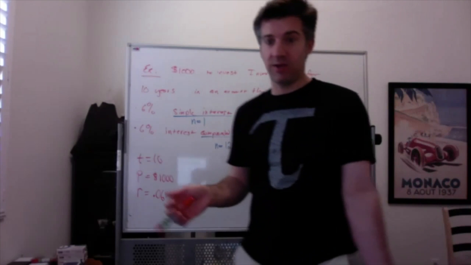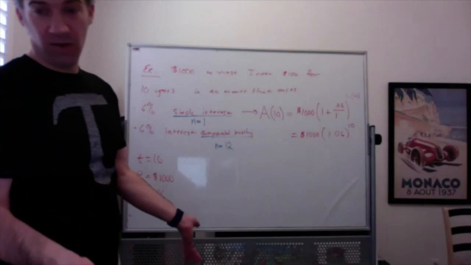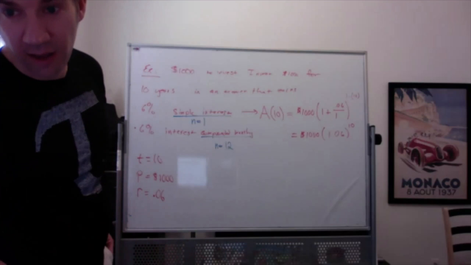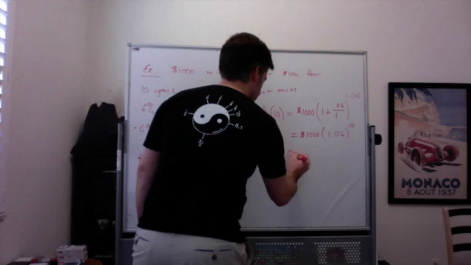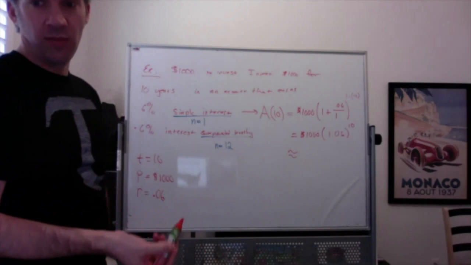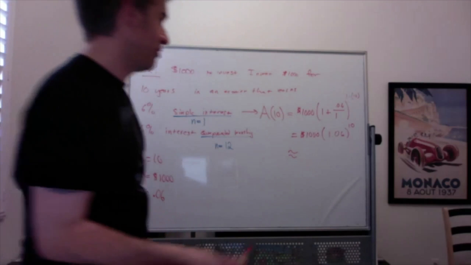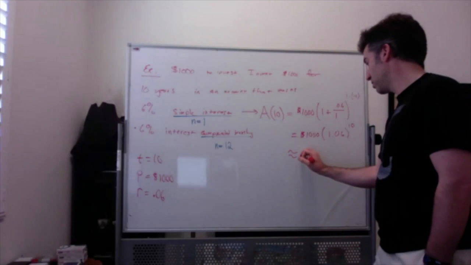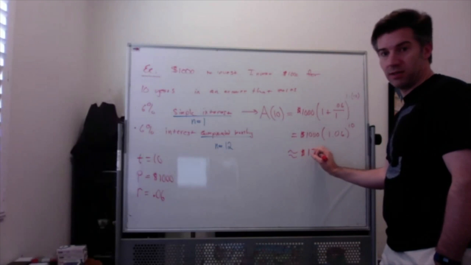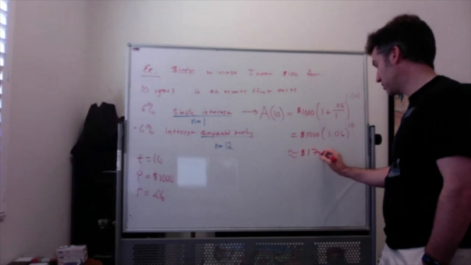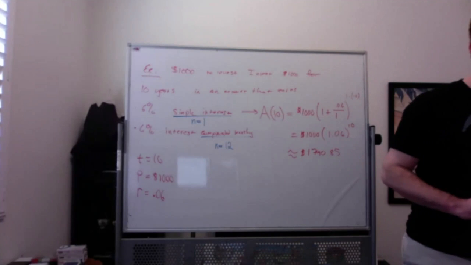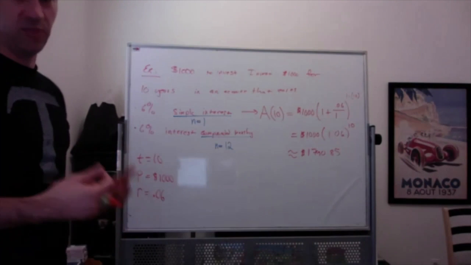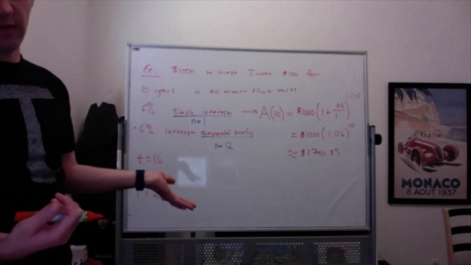I certainly can't calculate 1.06 to the 10th power on my own, so I use a calculator and I get approximately 1,000 times 1.79085, which becomes $1,790.85. Again, I'm just putting in 1.06, raising it to the 10th power and multiplying by 1,000.